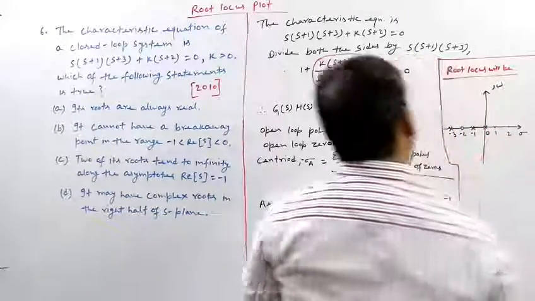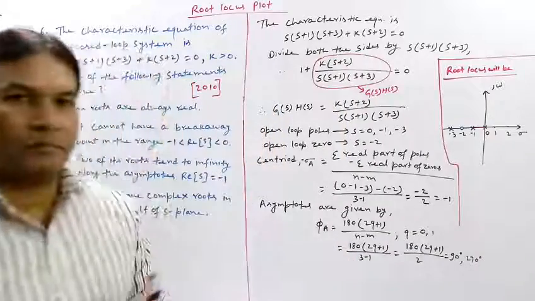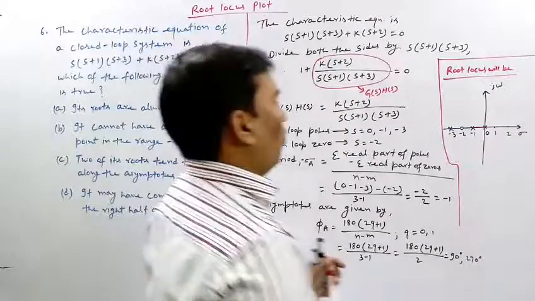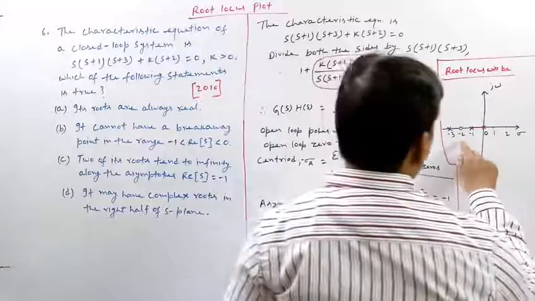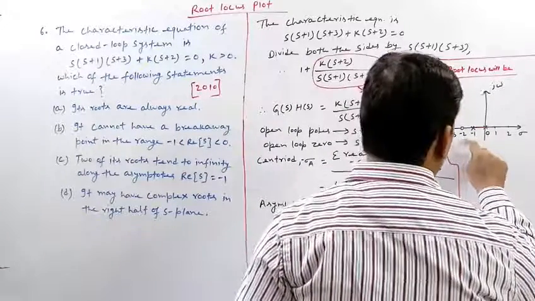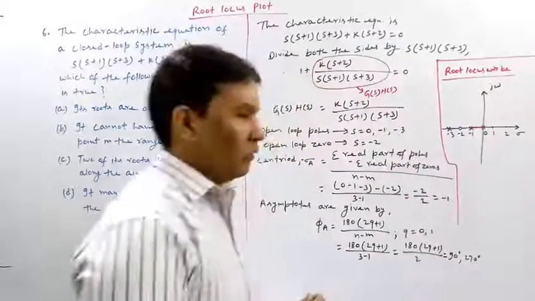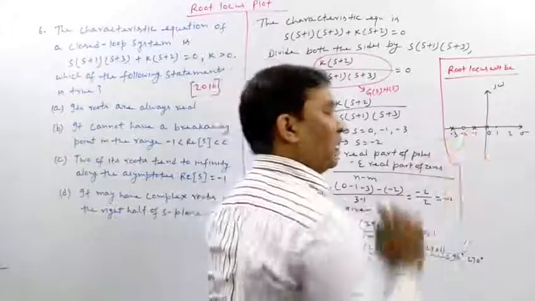So let us denote it by red. Now what about the branch between -2 and -1? This will not be a part of the root locus. Why?